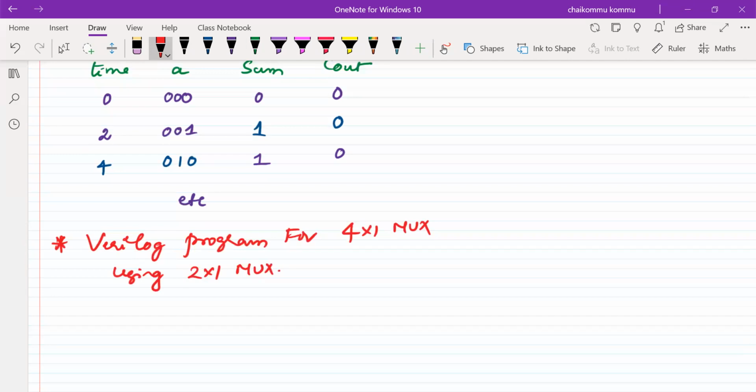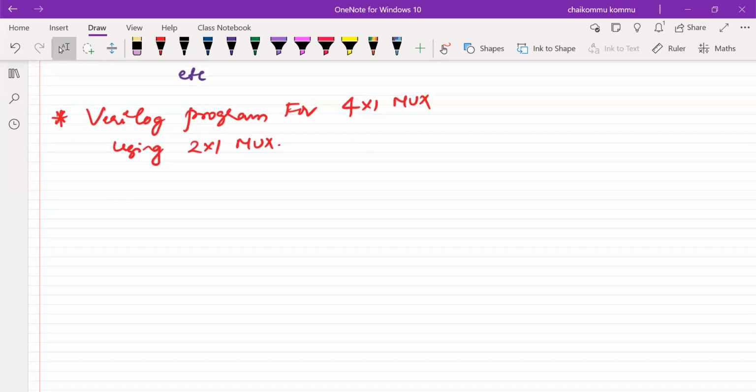For the 2x1 mux, you can use the basic gates. You have in your hand a 2x1 multiplexer, and I'm asking you to write the Verilog program for a 4x1 mux. That means you have to design the 4x1 mux by using the 2x1 mux, and then write a program for it, right? So please try to do it quickly.